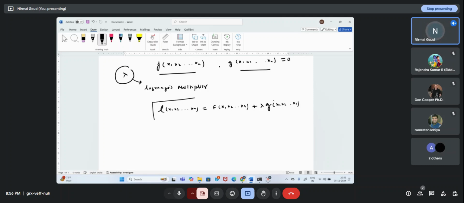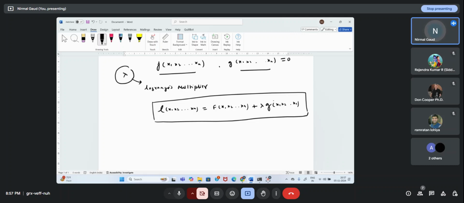Plus or minus doesn't bother us. This is what you do for the Lagrange multiplier. And I have given you an example just above.